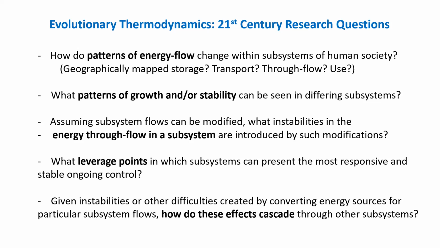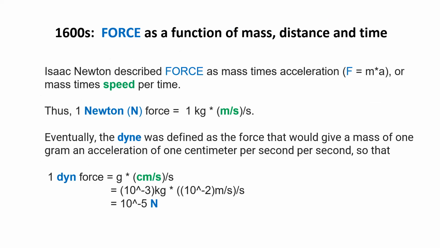So very quickly, some background on thermodynamics. In the 1600s, force was being studied by Newton, and he came up with the famous equation, force equals mass times acceleration. So we give as a force unit the Newton, and that's 1 kilogram meter per second squared.